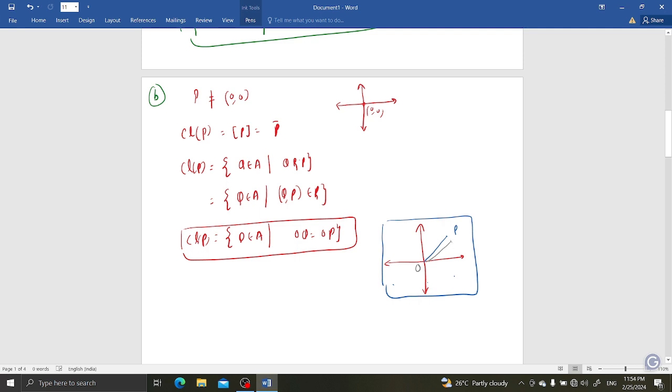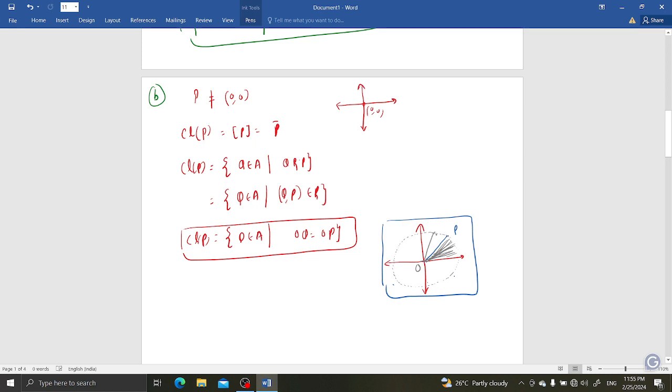This point I will collect, and this point, and this point. So if I am collecting all these points, do you understand what we get?